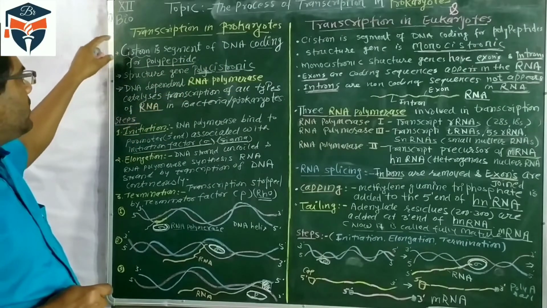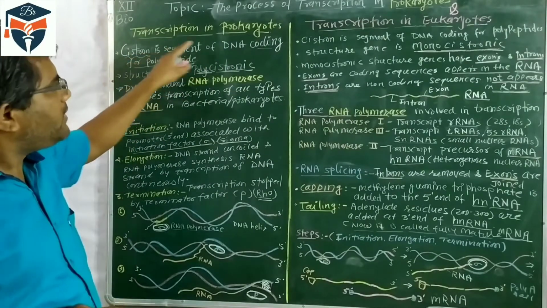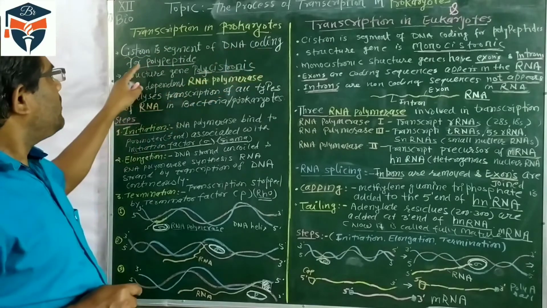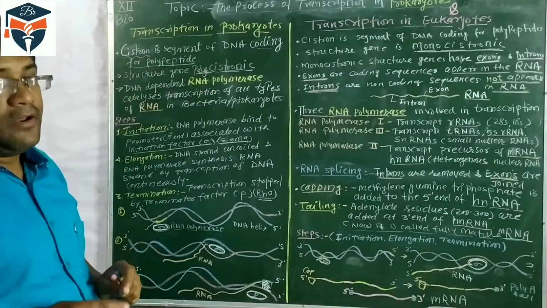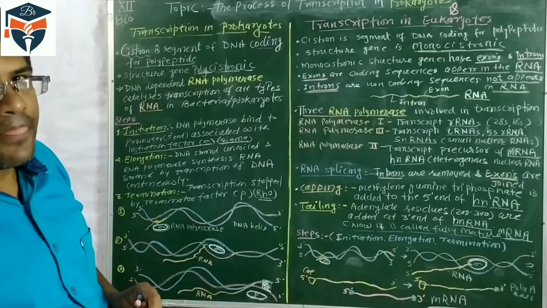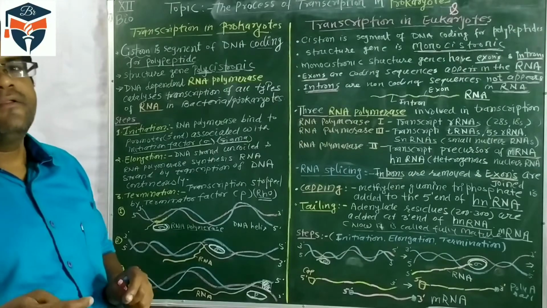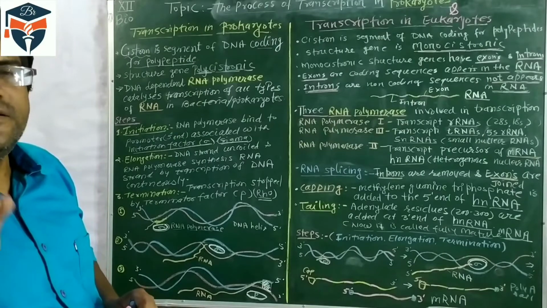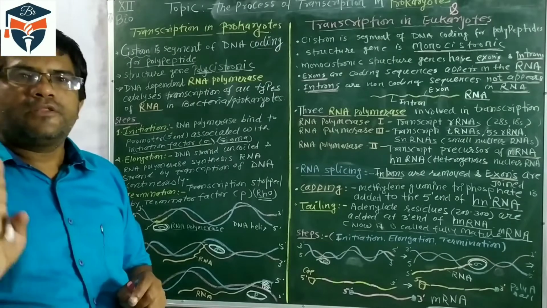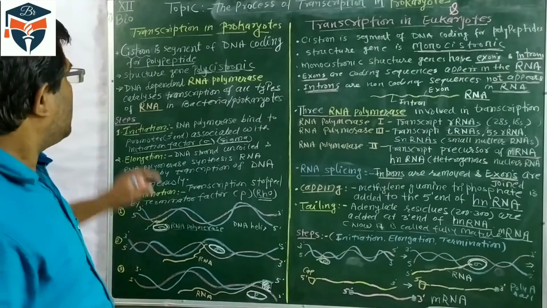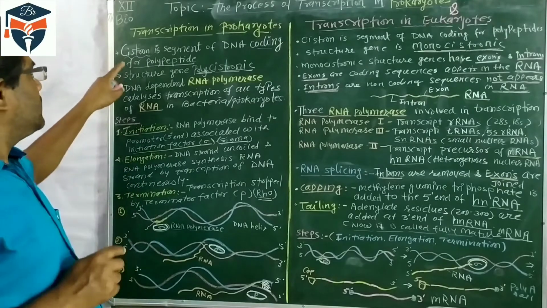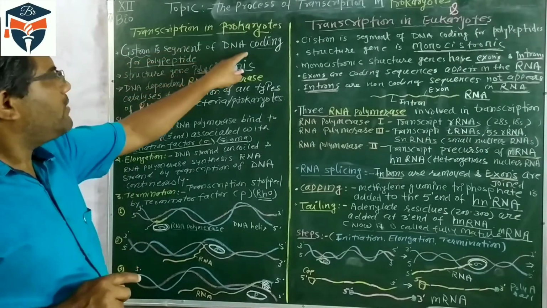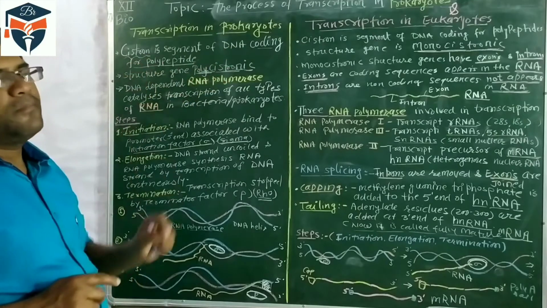So what is cistron? Cistron is a segment of DNA coding for polypeptide. A polypeptide chain is formed, and by the polypeptide chain, the protein molecule will be formed. It means a gene which is responsible for synthesis of the protein is called the cistronic gene. So cistron is a segment of DNA that codes for polypeptide.